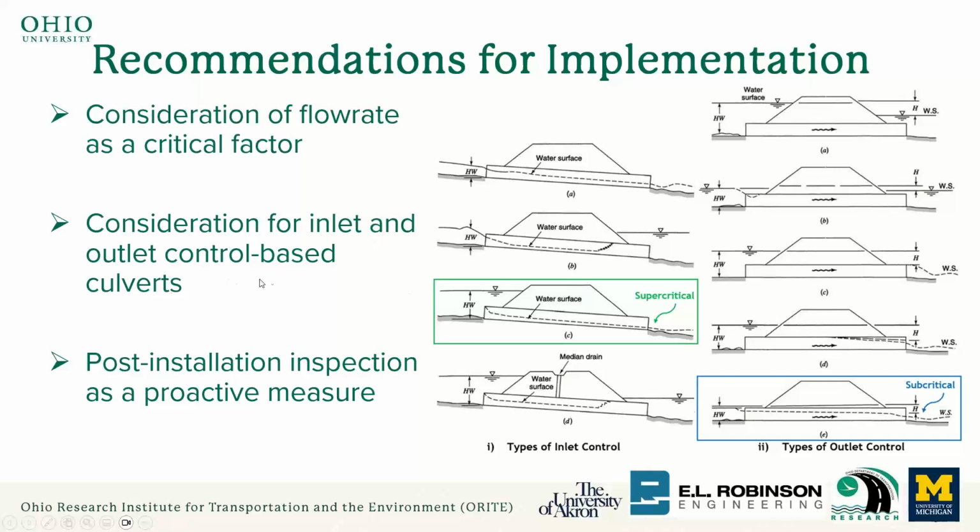Consider inlet and outlet control based culverts and also post-installation inspection as a proactive measure. And one of the things we discussed internally is maybe using flow rate instead of velocity. That could be a consideration for a critical factor.